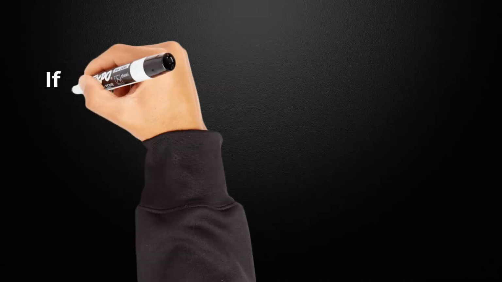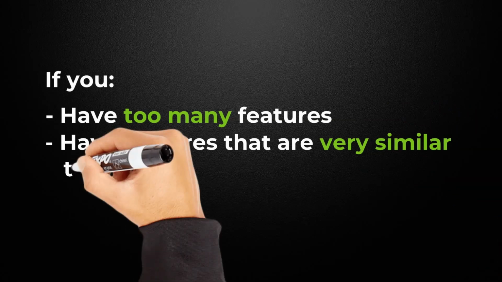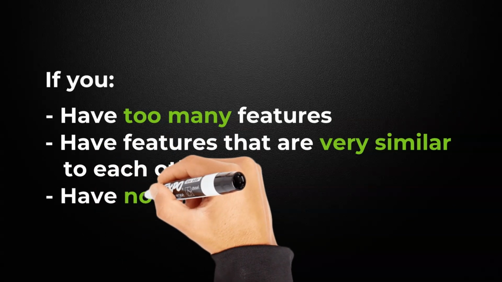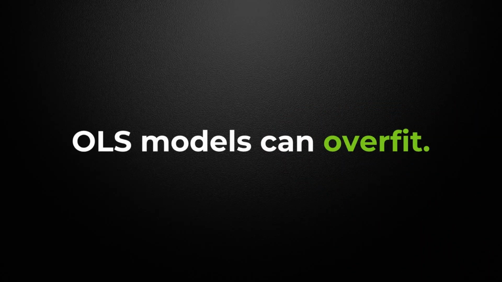So OLS is a great starting point, but it's not magic. If you have too many features, or features that are very similar to each other, or a lot of noisy data, then OLS can overfit, which means it tries too hard to perfectly match the training data.